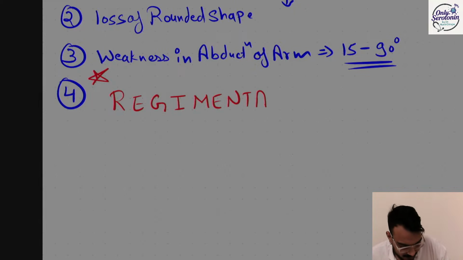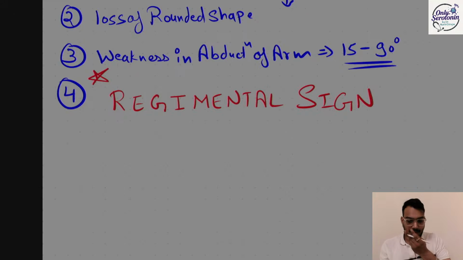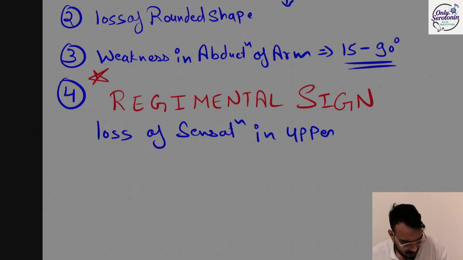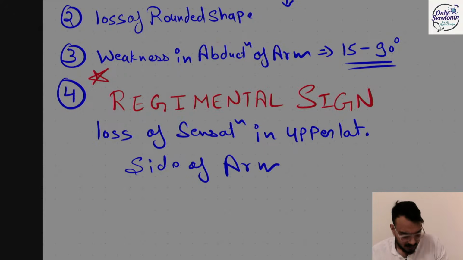That is regimental sign. What is regimental sign, guys? Regimental sign is the loss of sensation in the upper lateral side of the arm.